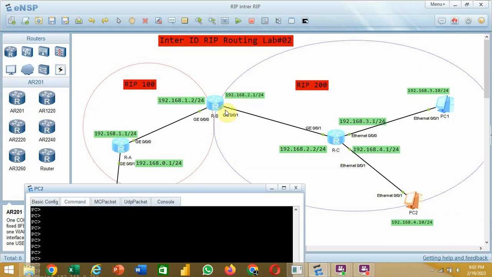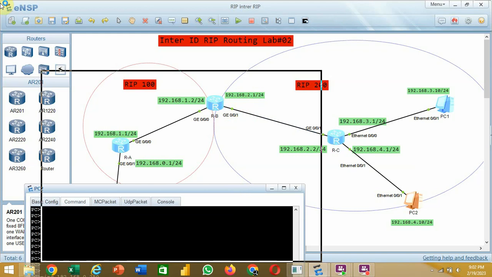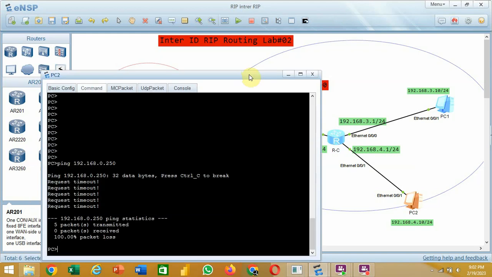But our PC can reach the interface IP address of 001 of router B, which is 192.168.2.1, because interface 001 is in the RIP process ID of 200.